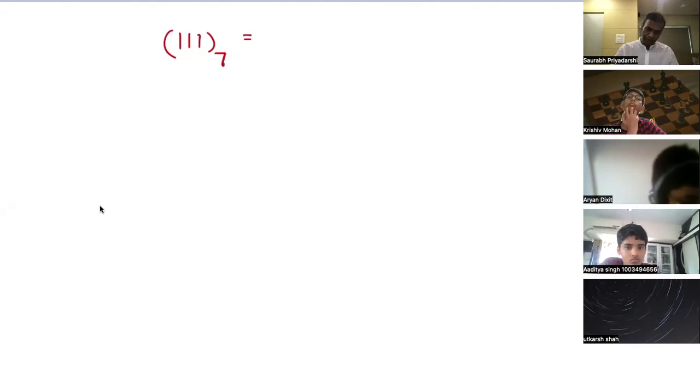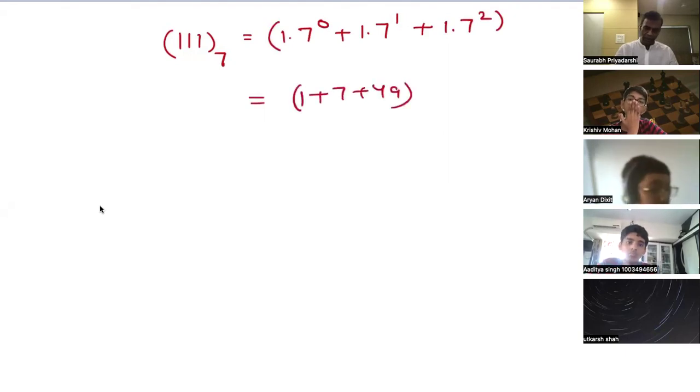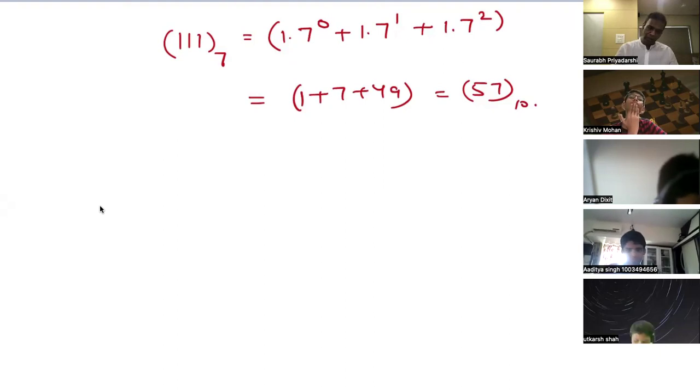So the number is 1 into 7 to the power 0 plus 1 into 7 to the power 1 plus 1 into 7 to the power 2. That is 1 plus 7 plus 49, which will be 57 in base 10. Right? But the other way around, if I have to write any base number in base 10, you just have to go with this.